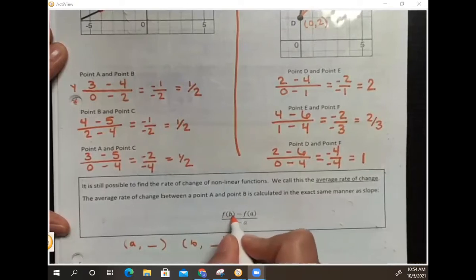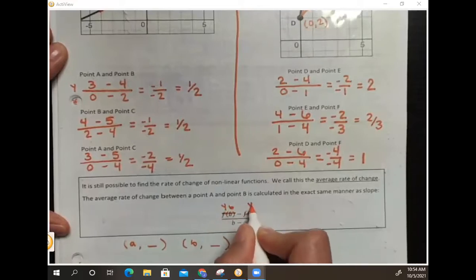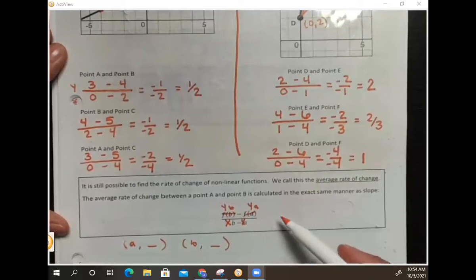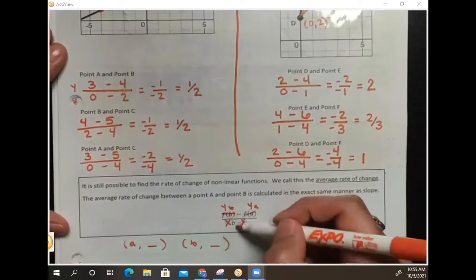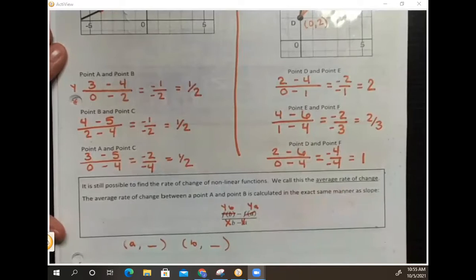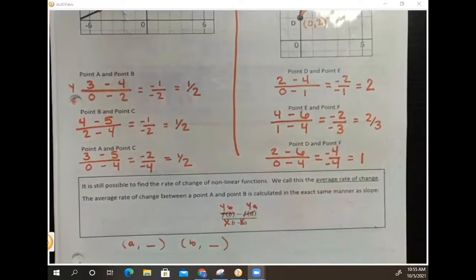And then this is telling me plug in B to find Y. So this is the Y that goes with B, and this is the Y that goes with A. This is the X value for A and the X value for that point B. This is just slope. This is not a new formula you need to memorize. This is exactly the same thing that we've been doing. Y is on top, X on bottom, line up the values that come from the same ordered pair, okay? Questions for me so far?